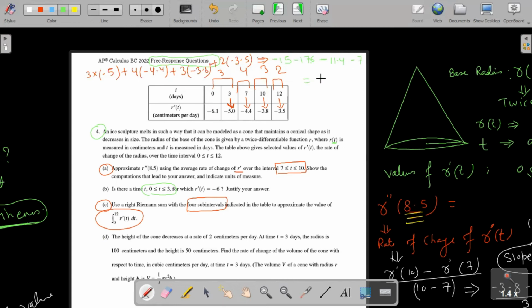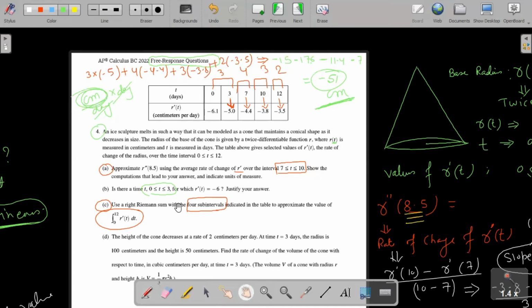After calculating this, we find minus 51, and its unit will be centimeter, because it is an area. How can we find the area? Centimeter per day into day, so days cancel out and the unit will be centimeter. So its answer will be minus 51 centimeter.